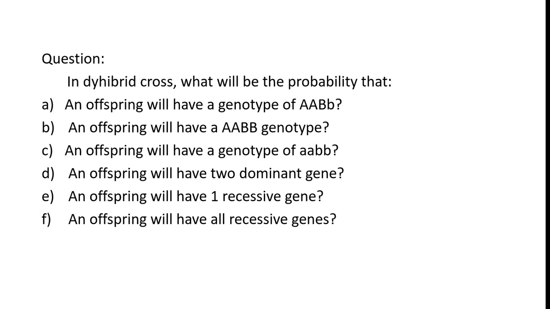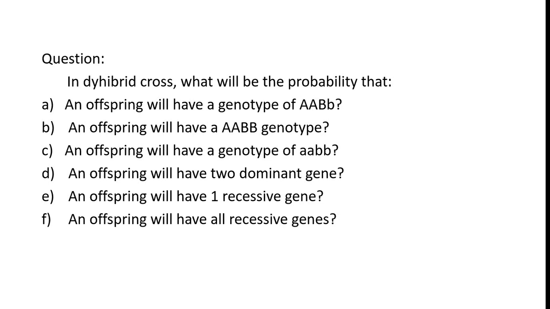Alright, so we have a sample question. The question says, in a dihybrid cross, what will be the probability that an offspring will have the genotype capital A, capital B, small b? Looking at this genotype, capital A means that the person has a dominant A, and capital B, small b also means that the person has at least one dominant B. So this is the case of two dominant genes, right?